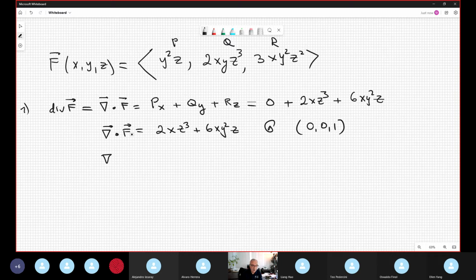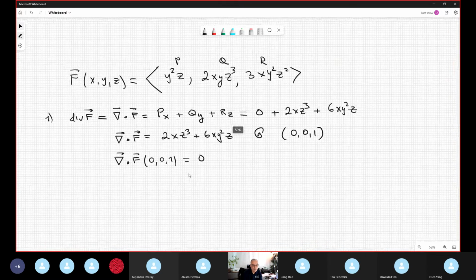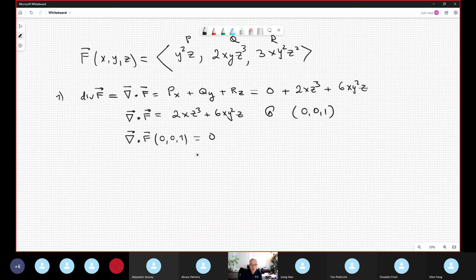Well, you plug it in. This is easy. X is 0, Y is 0, Z is 1. Plugging in, in this case it's 0, because 0 times something is 0. It's not a happy example, but it's okay. The important thing is that the divergence is a scalar function.